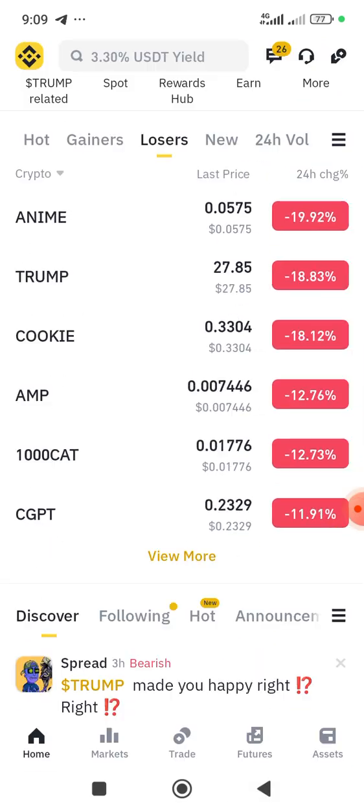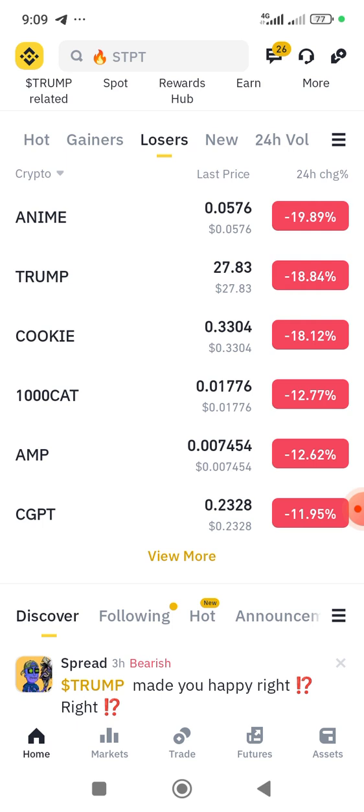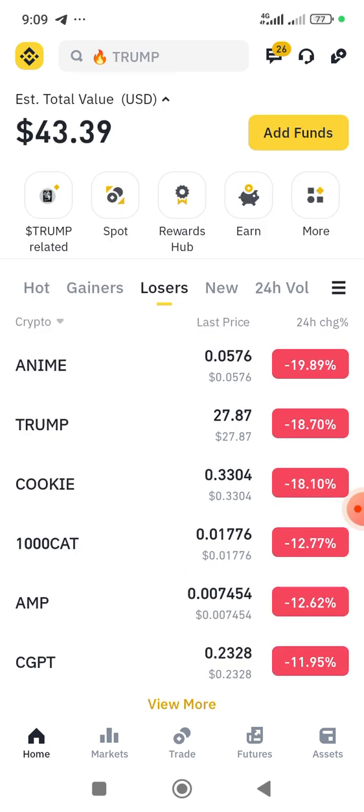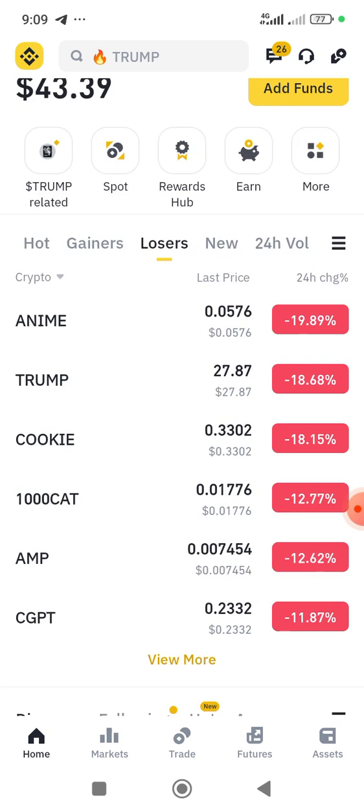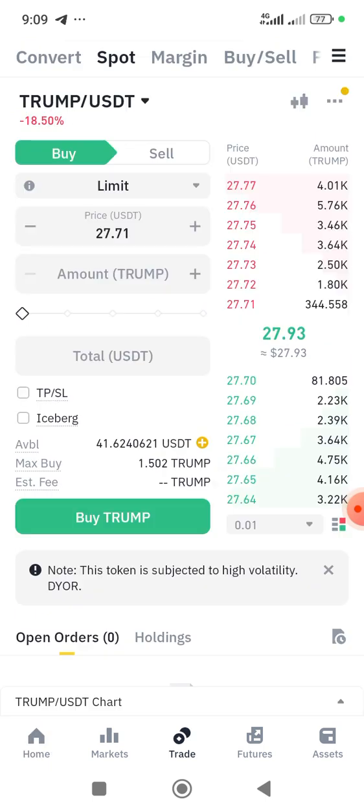The next thing you want to do, if you have gotten your Binance and done all the necessary registration, to go into spot trading, you come to trade here. As you can see down here, after you have deposited your money, you have your cash there in your wallet, then you click trade here. Up here you see buy, then you see sell.